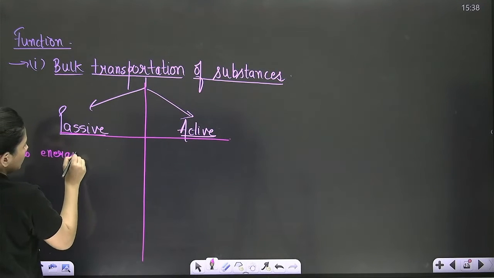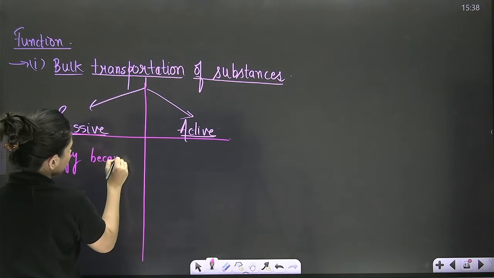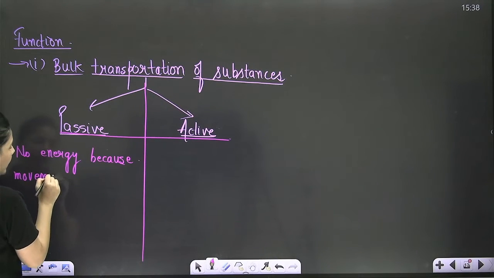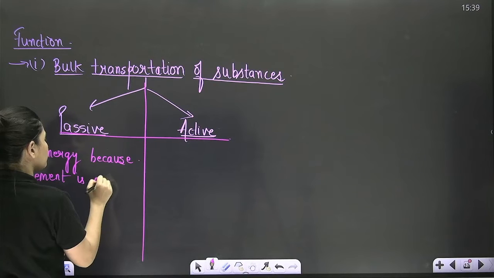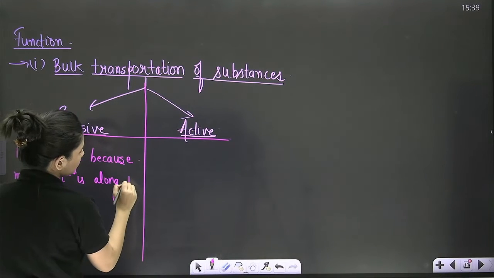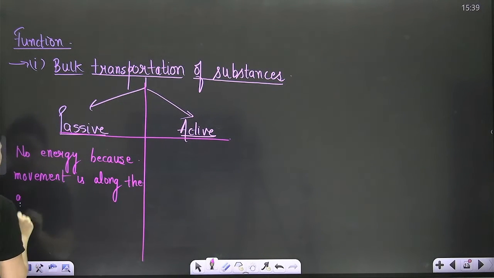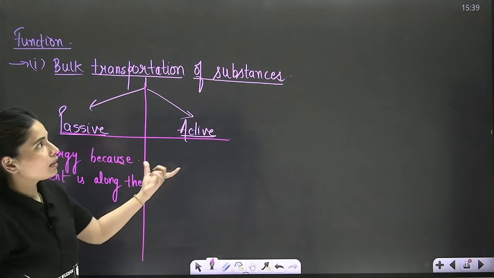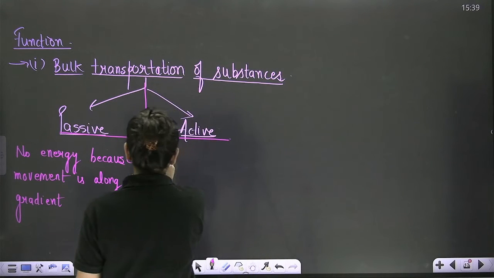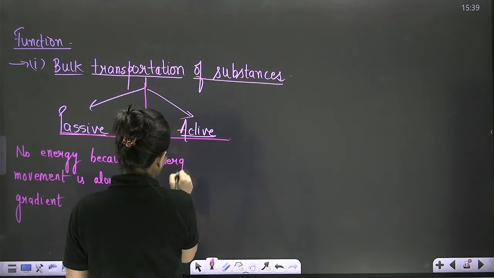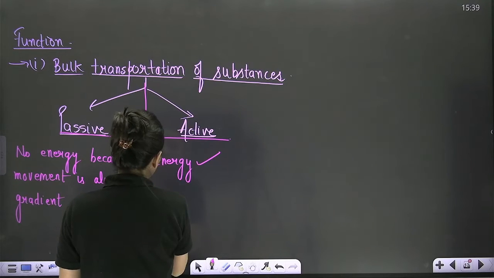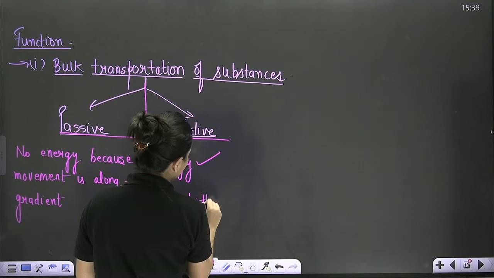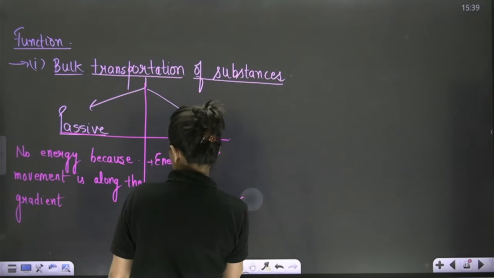Why? Because movement is along the gradient. Right? Whereas for active, what will you write? Energy is required as movement is done against the concentration gradient.